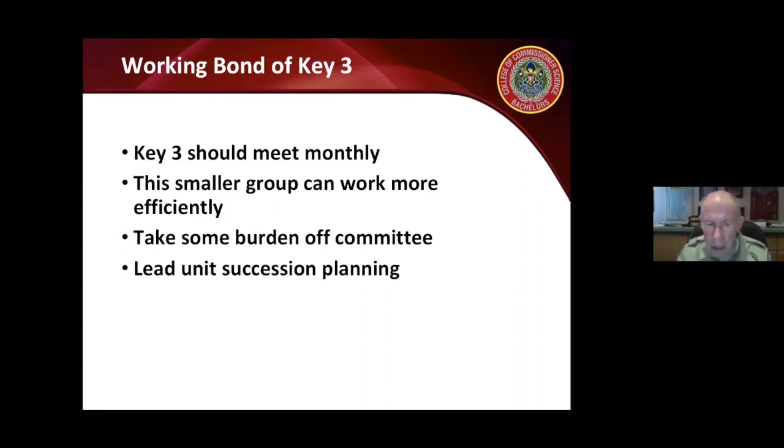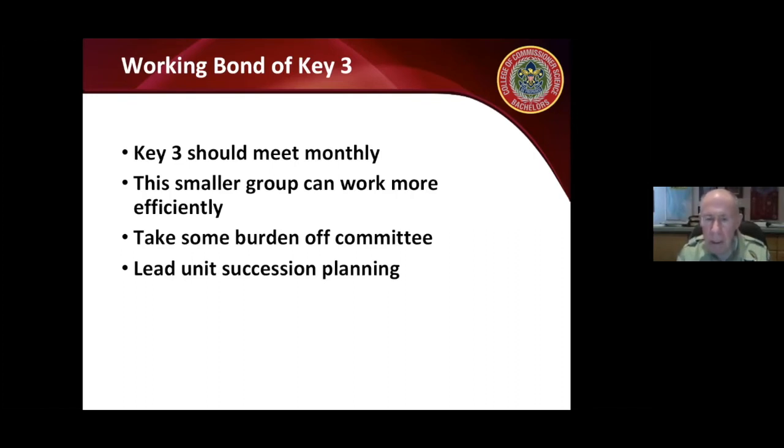If the unit leader is effective and things are going very well, that's great. However, that leader and his position can have a vacancy at any short moment's notice. It may be a transfer of employment, maybe a health issue that comes up.